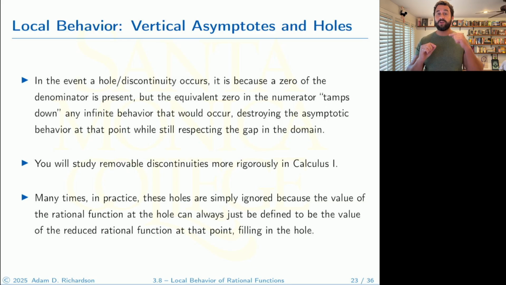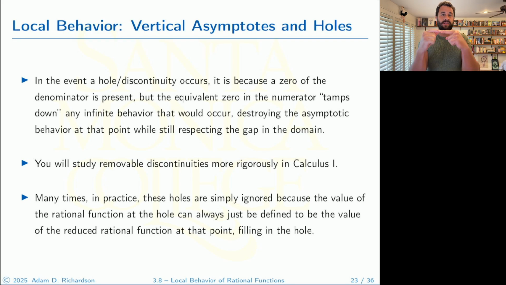But if you have an equivalent zero in the numerator, then as the function tries to blow up, that equivalent zero in the numerator is beating it back down, right? Even though the denominator is making it go like this, the numerator is going, hey, no, no, down, down, down, down. That's what's happening. You're basically dividing the large amount by the large amount, and so that infinite behavior gets canceled out.